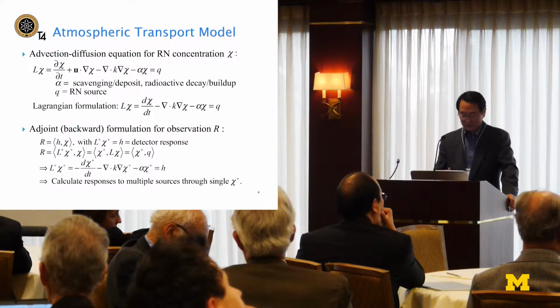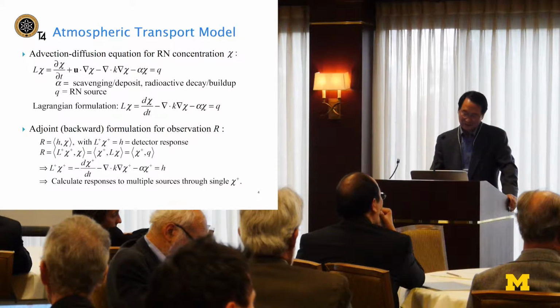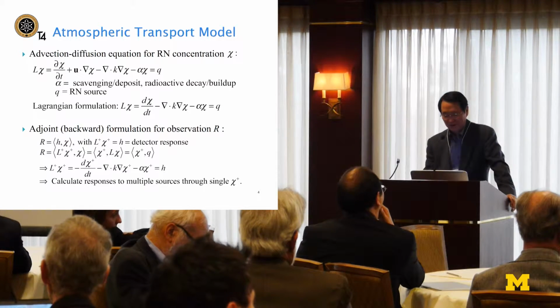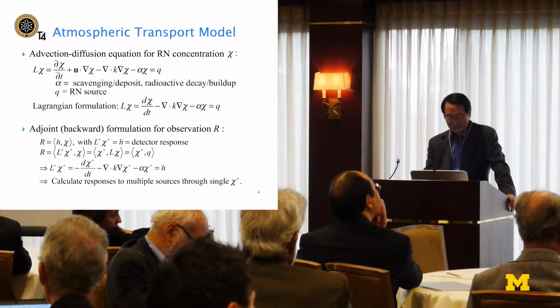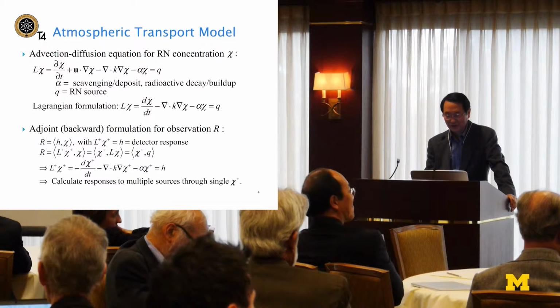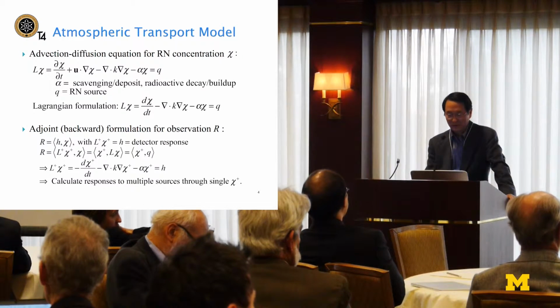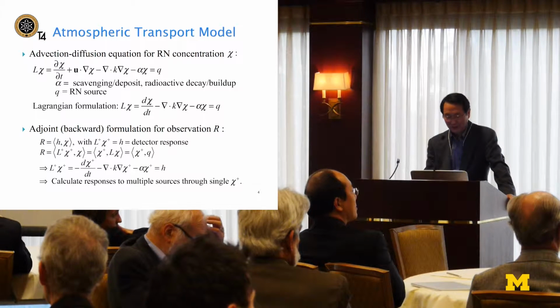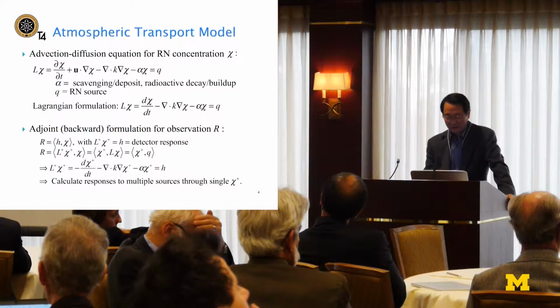The only thing is something that went wrong in going from PowerPoint to PDF, but there's a bar here indicating that we changed the sign of this derivative, the Lagrangian derivative. Otherwise, everything really remains the same.